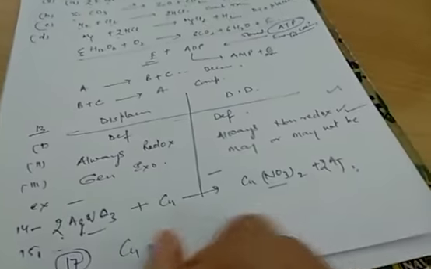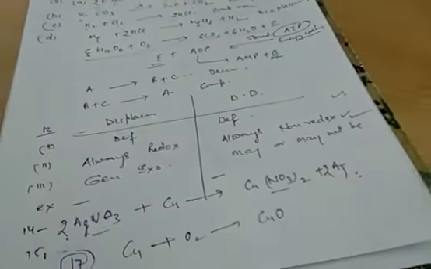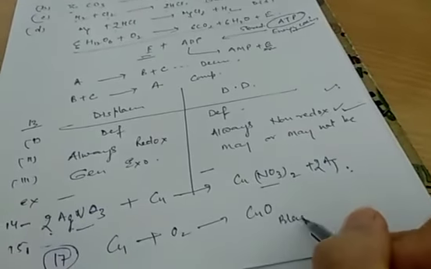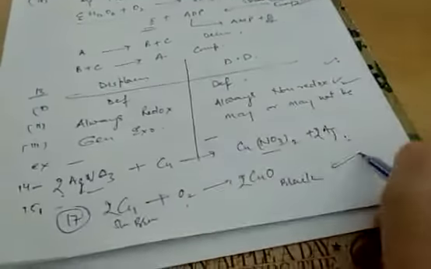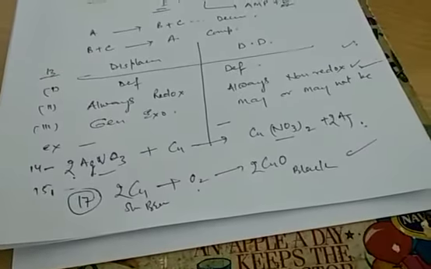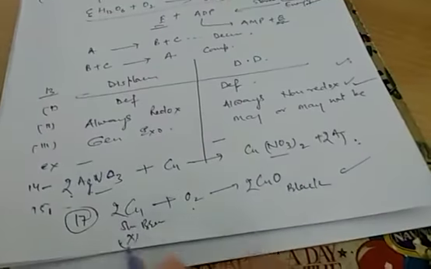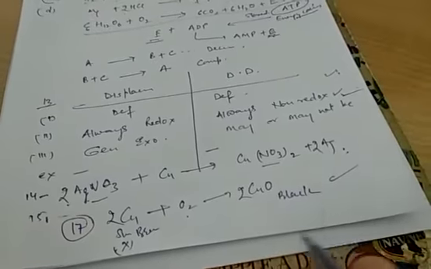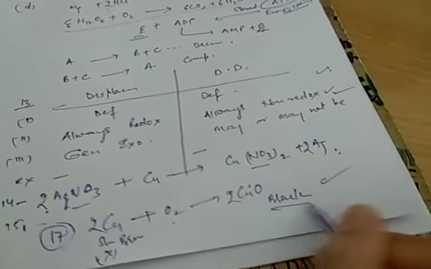Shiny brown copper on heating in air changes into black due to formation of CuO. This is black and this is shiny brown. Reaction with oxygen: write the balanced chemical equation. So this is the balanced chemical equation. Name the element X. Name the black colored compound. So this is CuO, the black compound.